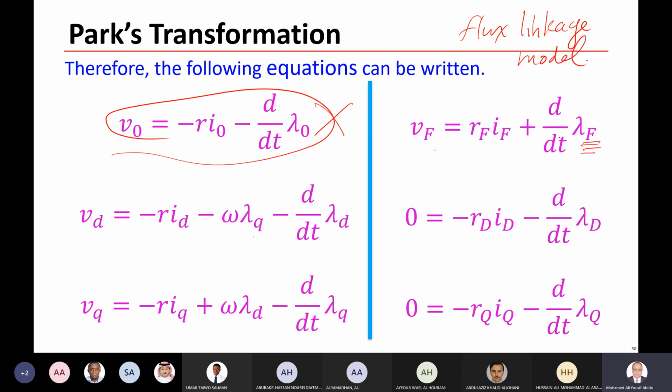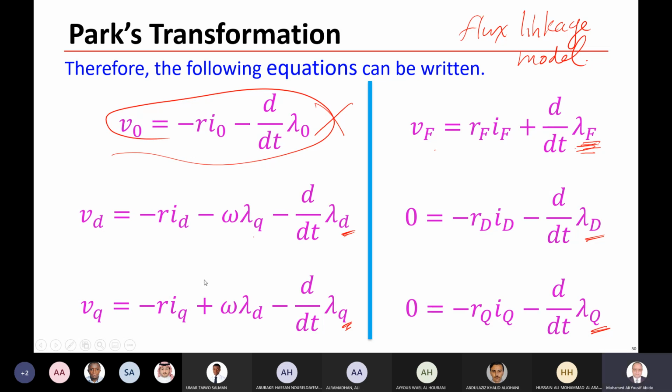So the states here are the flux linkage of the field winding, the damper winding, the flux linkage here in the d axis, and the flux linkage in the q axis. So these are the states. This is the fifth order model of the synchronous machine, and it represents the electrical part of the machine.